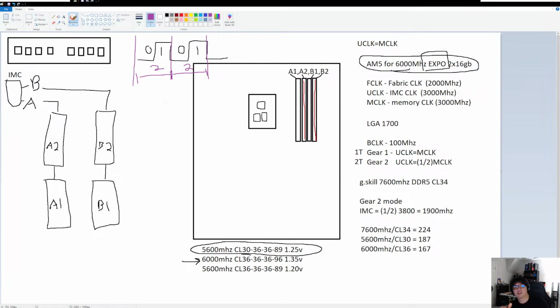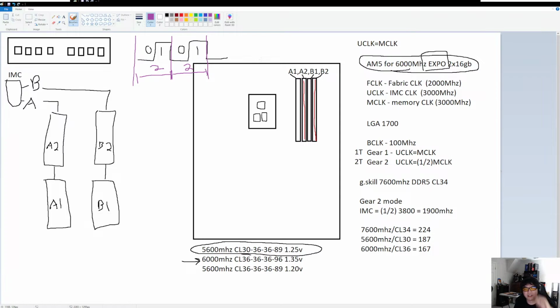What's different here is, in the DDR4 world for Ryzen, the F-clock, U-clock, and MEM-clock all were trying to sustain a synchronous ratio of 1 to 1 to 1. That doesn't really come into play with DDR5, at least from what I've seen. Typically, F-clock is just going to be 2000 megahertz, and you don't really mess with it.